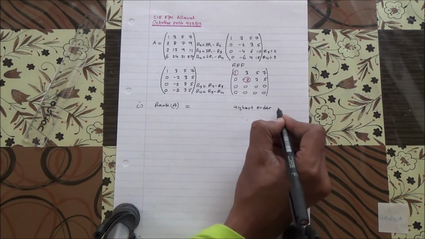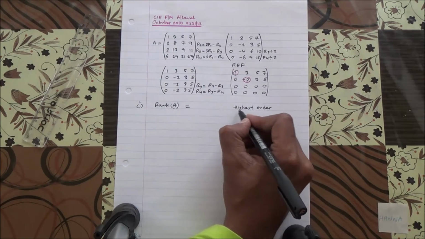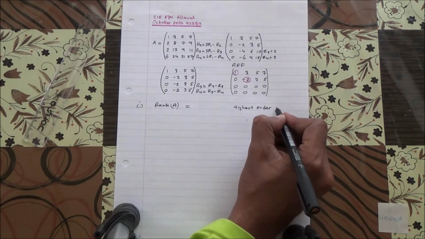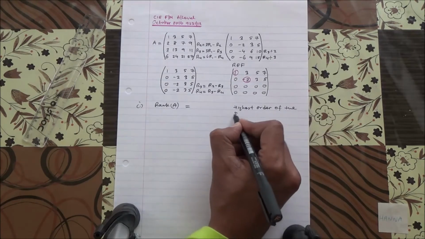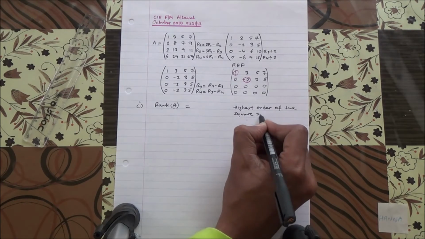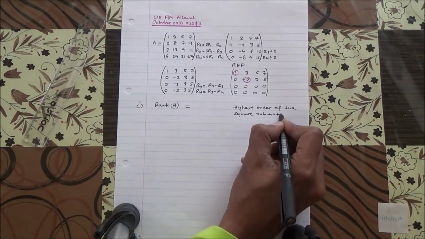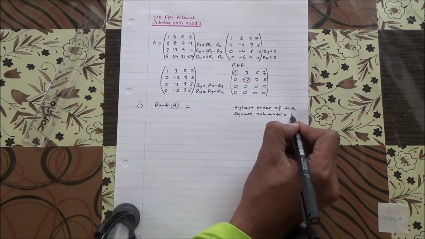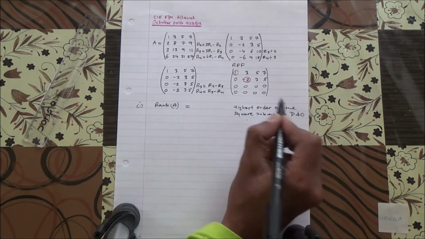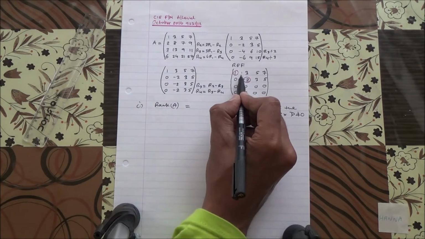Largest order of the square submatrix whose determinant is not equal to 0. One such matrix can be this.